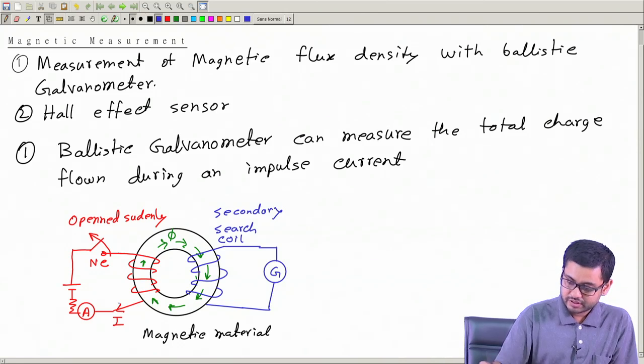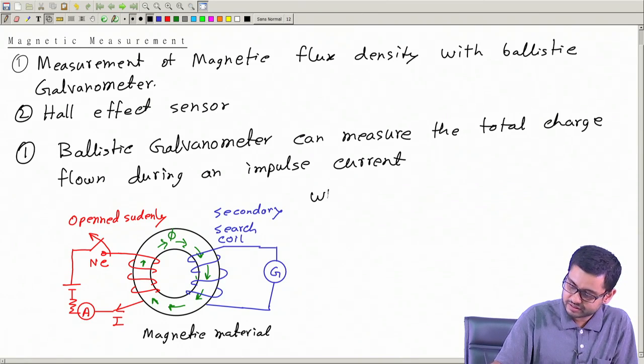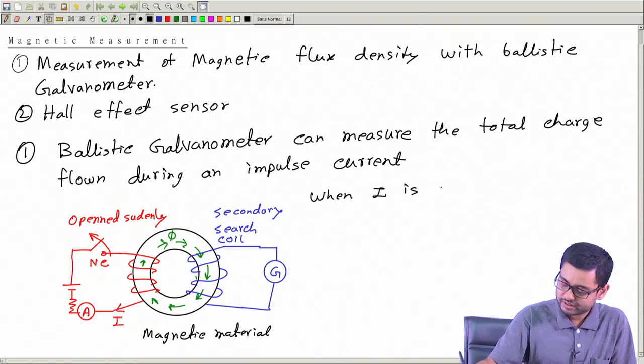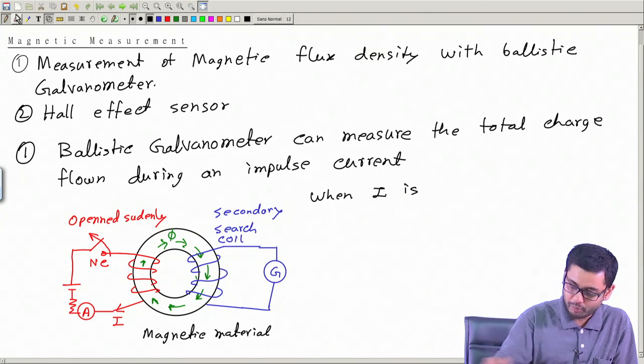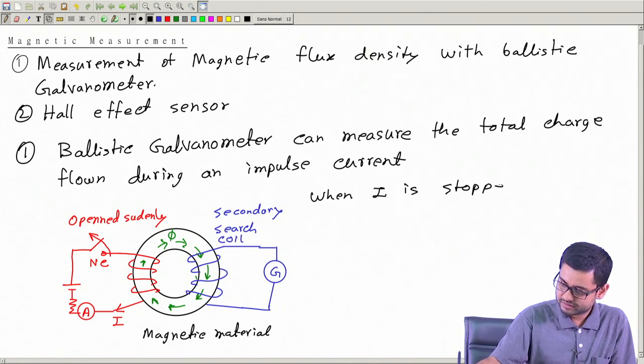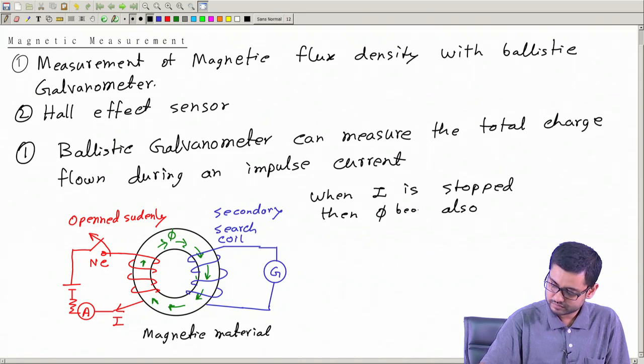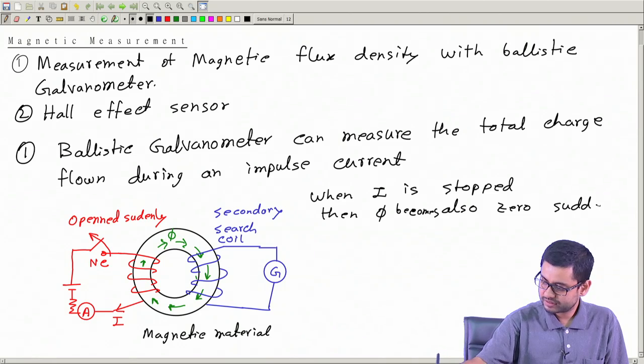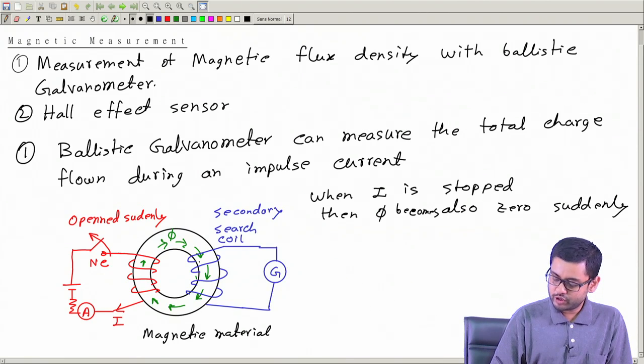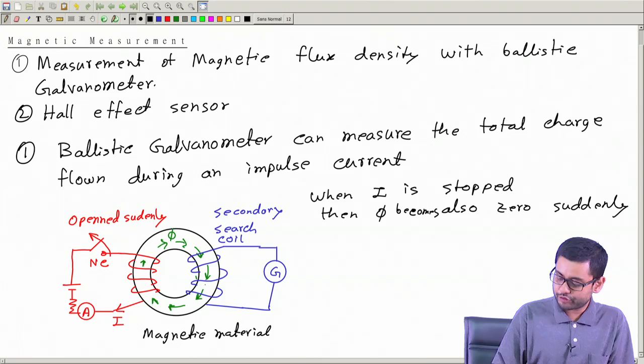Now, when I is stopped suddenly, then phi also becomes 0 suddenly. So, there will be a change of flux and a change of flux linkage of the secondary coil.